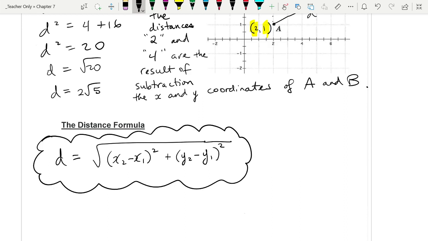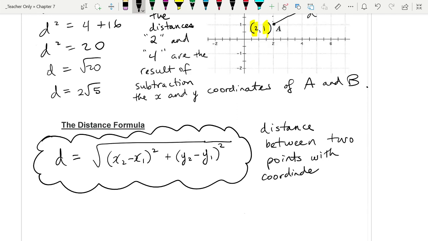And this formula represents distance between 2 points with coordinates. I just misspelled coordinates. Let me fix that.